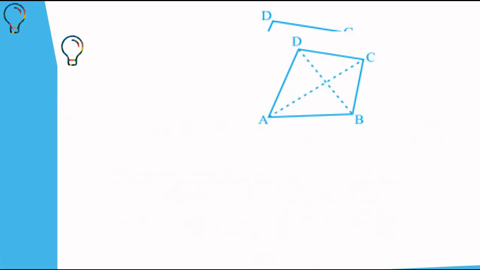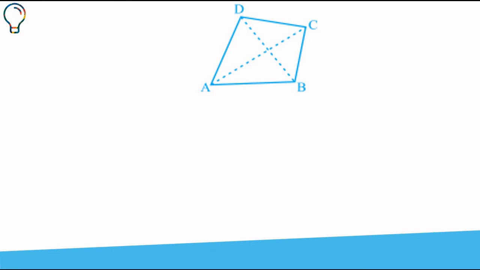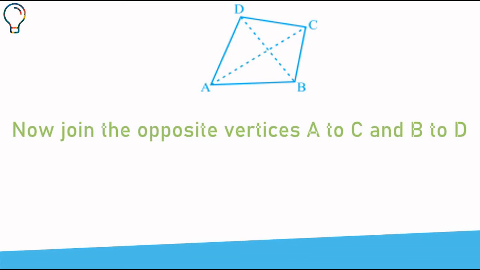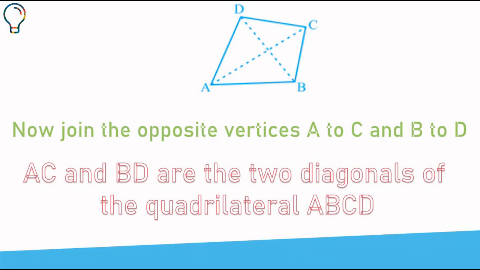Okay, now let's see again. Let's take this parallelogram, but here as you can see a dotted line. So why did we take this dotted line? Let's see. Now we should join the opposite vertices of this parallelogram, that is from A to C and B to D. We just draw a dotted line, as you can see here. We have to join the opposite vertices.